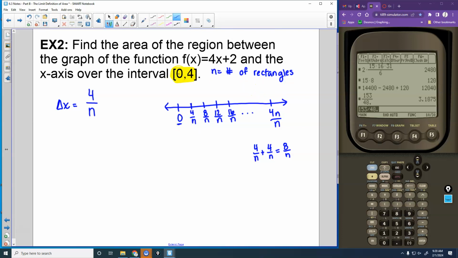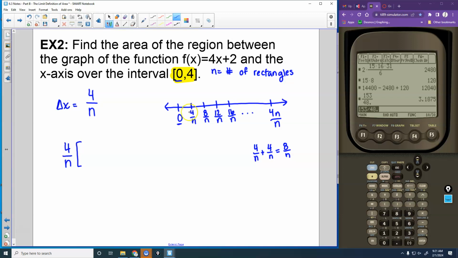And if we use the left Riemann sum, we use 0, and then i has to be 0, which means shortcut rules don't work, which means that we would have to do it a different way. So we are always going to see this start at 0, and we are always going to use a right Riemann sum. So if we are using a right Riemann sum, the width of each rectangle is 4 over n.